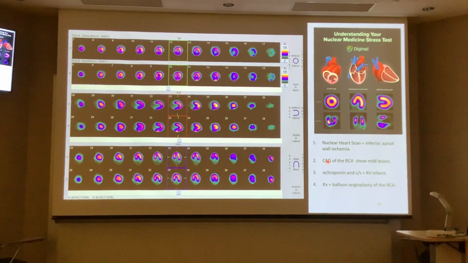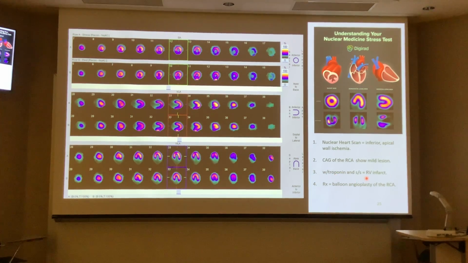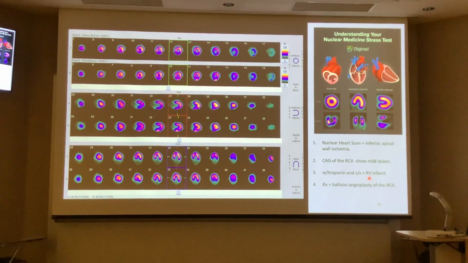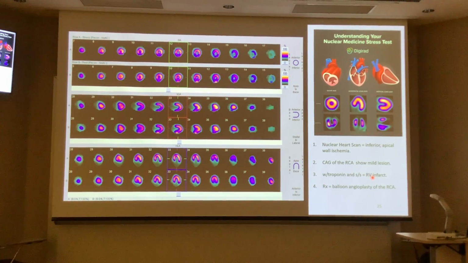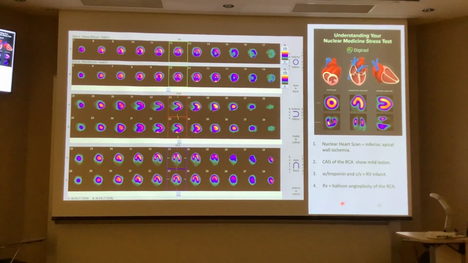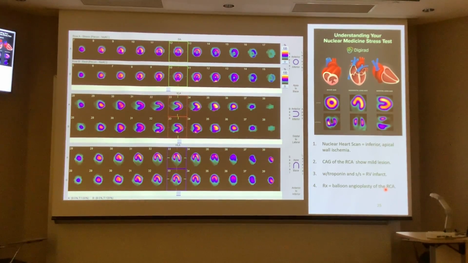The coronary angiogram of the right coronary artery was subsequently done, and that did show a mild lesion. Putting that together with the troponin level and the signs and symptoms that the patient presents with, we diagnosed right ventricular infarct. The treatment in this patient was a balloon angioplasty of the right coronary artery to relieve her symptoms.